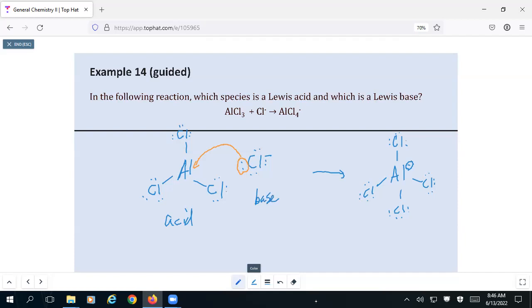And if we want to get real technical, the acid in question is the aluminum itself, because it is the aluminum ultimately that is accepting that electron pair. All right, any questions so far?